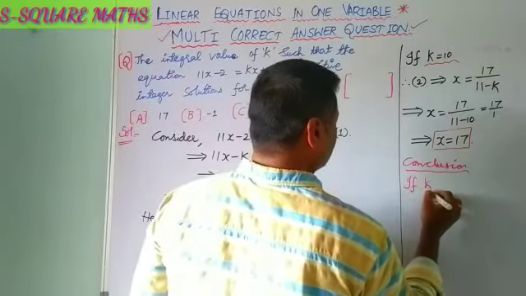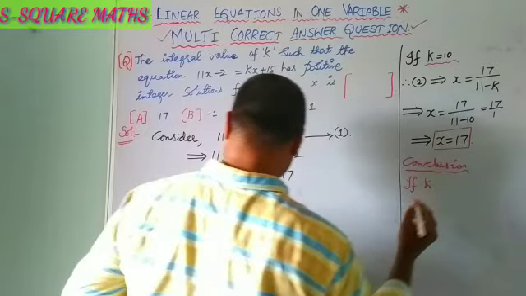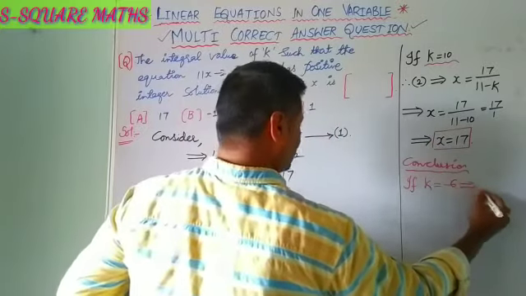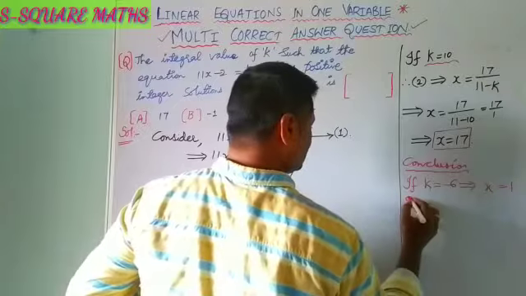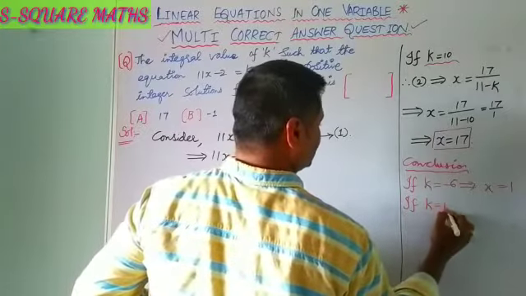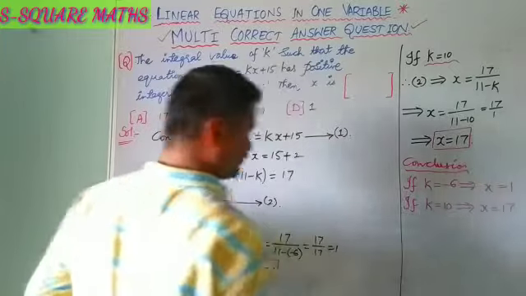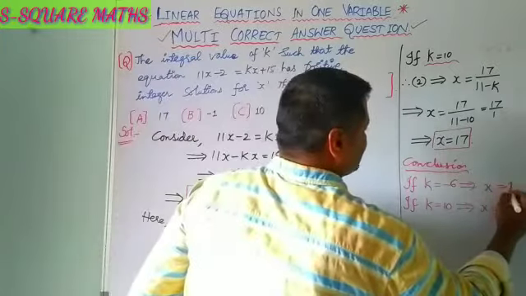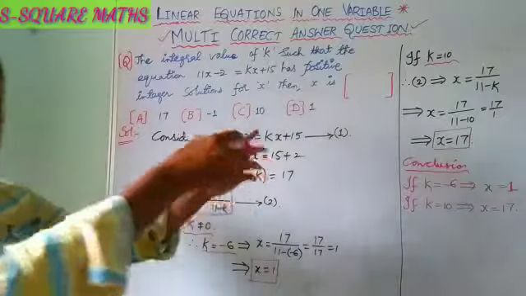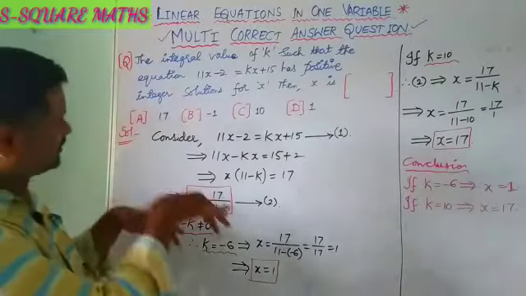So finally, the conclusion: if k is equal to minus 6, then our x value is 1. If k is equal to 10, then x value is 17. What is our final solution? Whether to take x values or k values, go through the question once again.